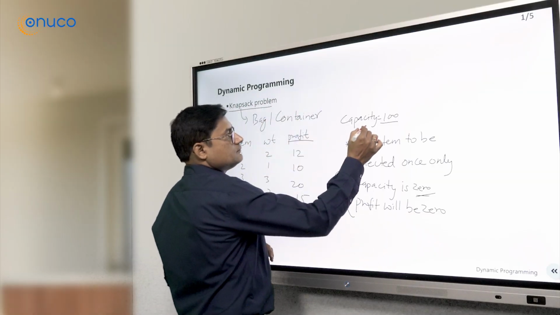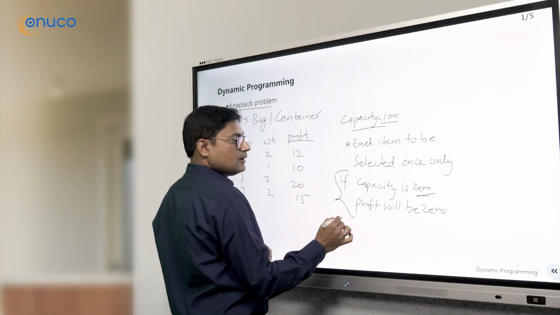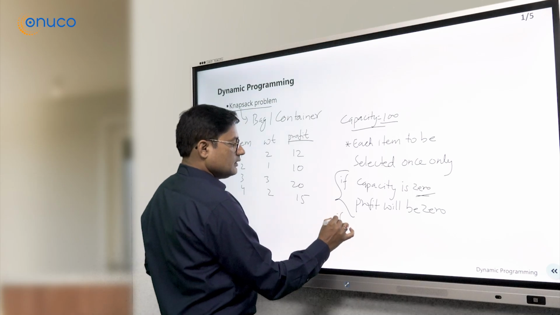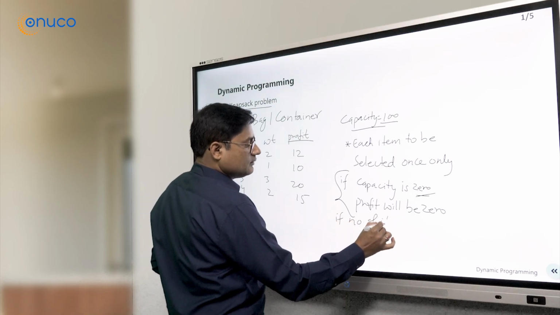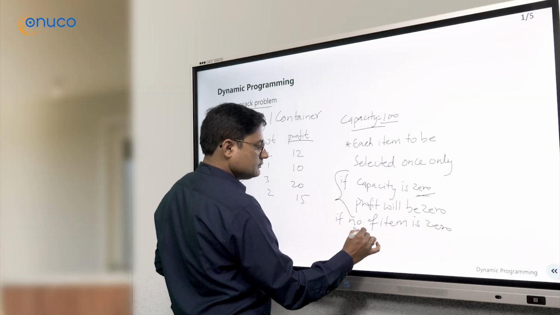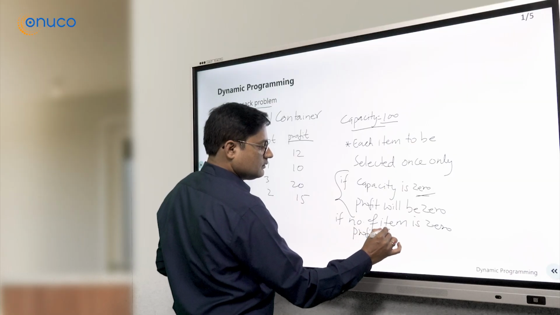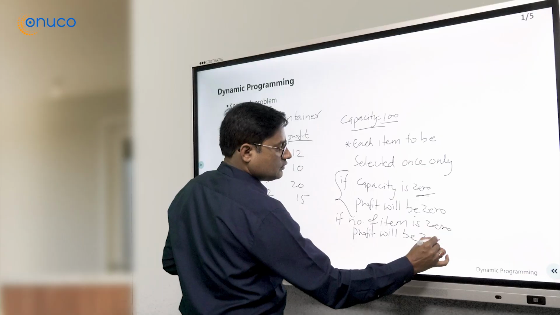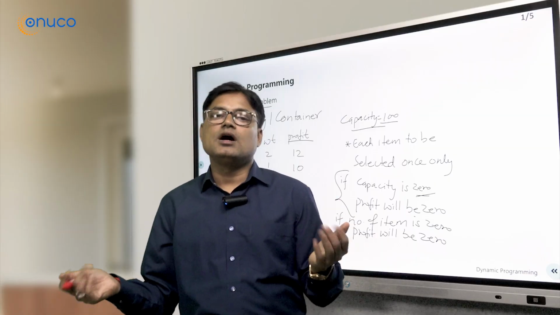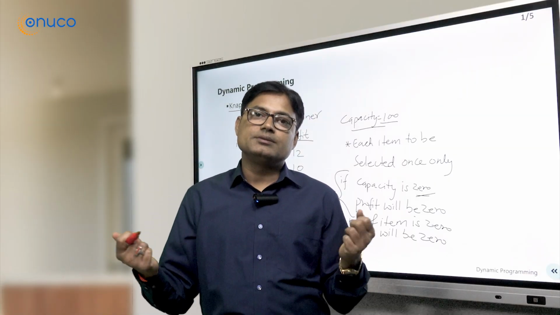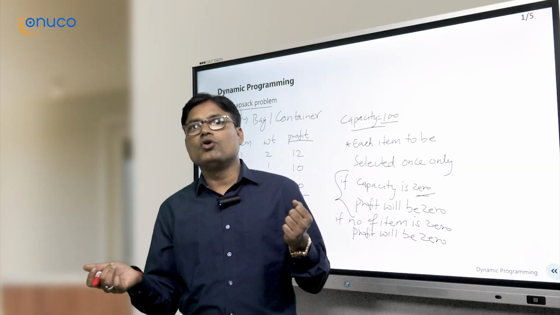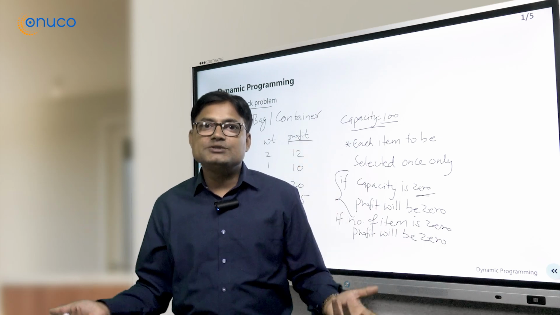The second scenario is where the capacity of the bag is very big, but there is no item to select. If the number of items is 0, the profit will be 0. Think of the scenario where a thief enters a house to steal some materials, but realizes after entering that there are no items in the house.